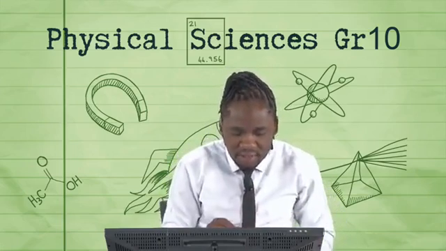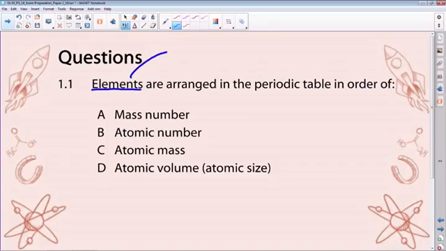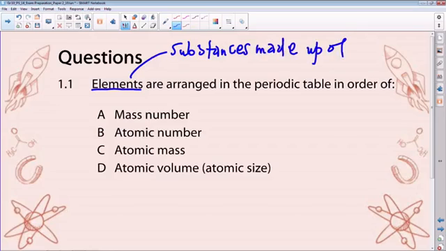We know that an element is made up of atoms of the same kind. Elements are substances made of atoms of the same kind.